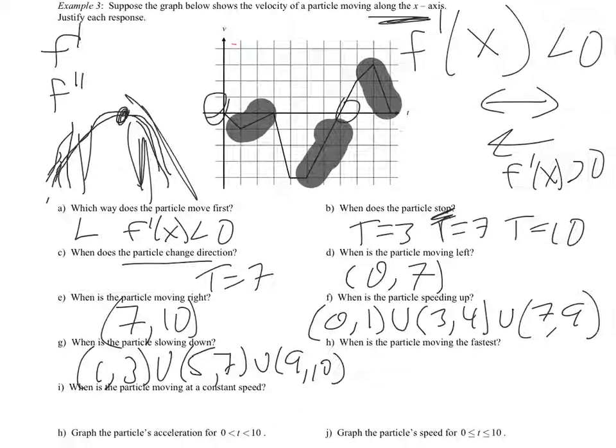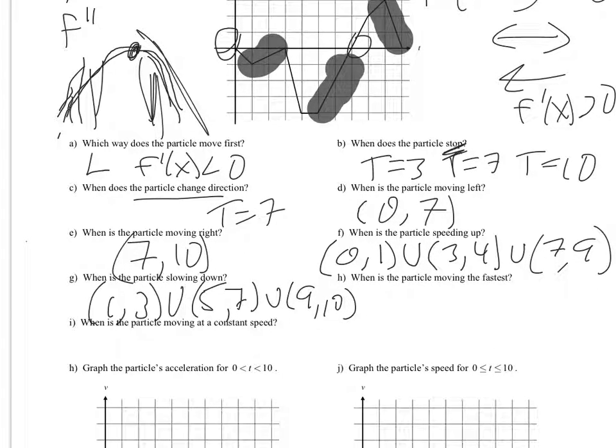So let's answer that question. When's the particle moving at a constant speed? Between 3 and 4. Or is it 4 and 5? Between 4 and 5, sorry about that. When is the particle moving its fastest? Well, that's when the speed is the biggest.